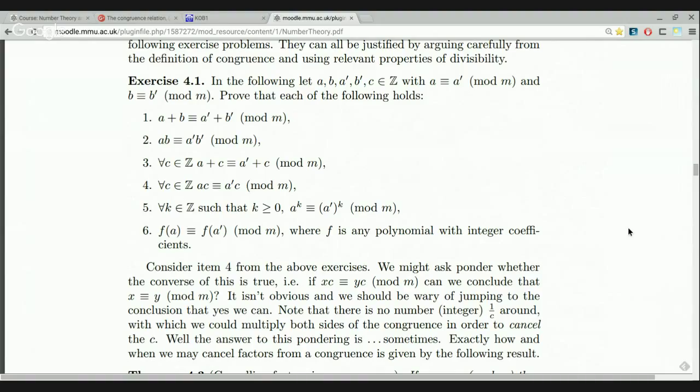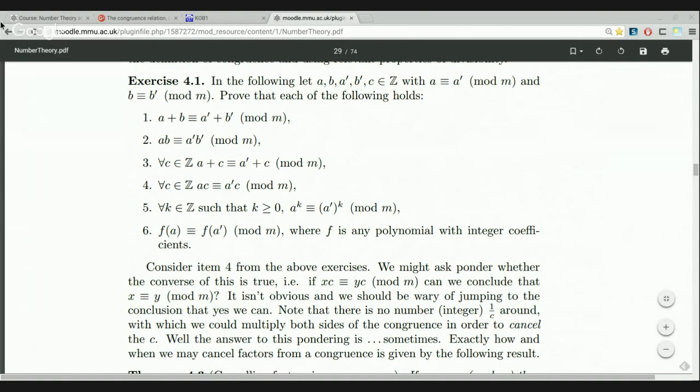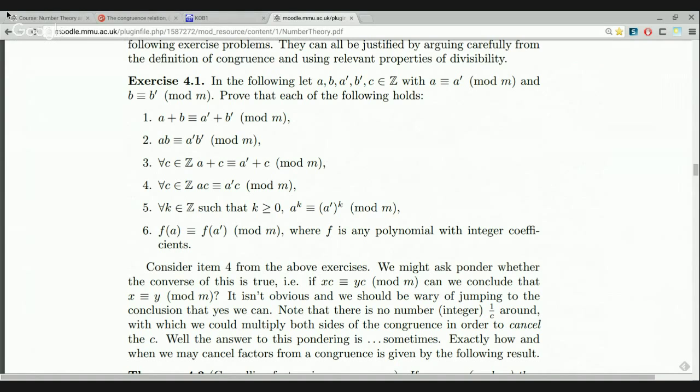So we'll have a look at number 3. A plus c is congruent to a prime plus c. Again, we're starting off with the assumption that a is congruent to a prime mod n, and now c is any other integer.